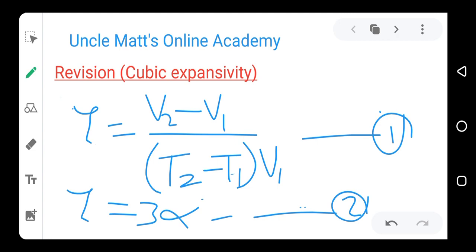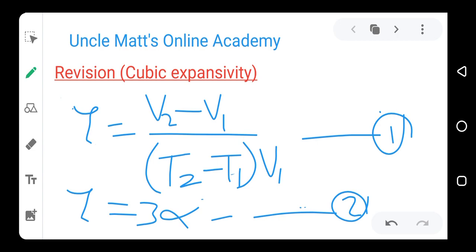In any question given to you where you are asked to look for cubic expansivity, it is either that you have temperature change with volume change, then you can calculate the cubic expansivity, or you are given the linear expansivity, then you can get the cubic expansivity.